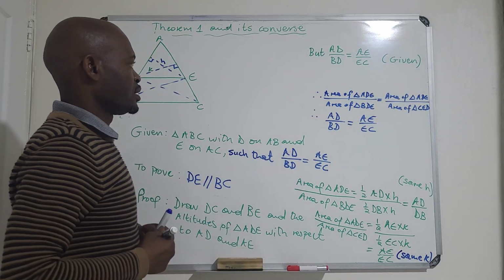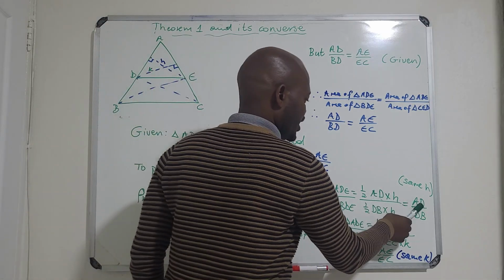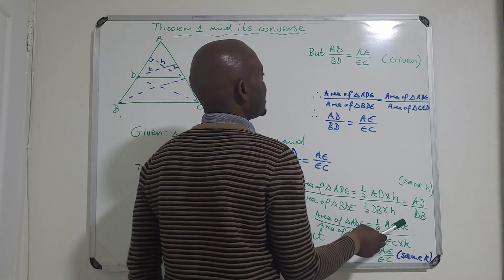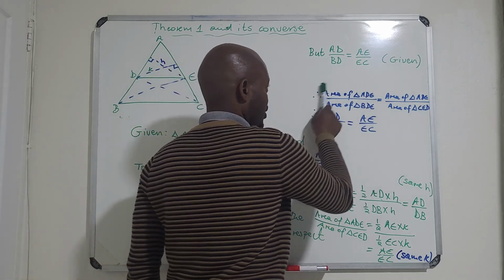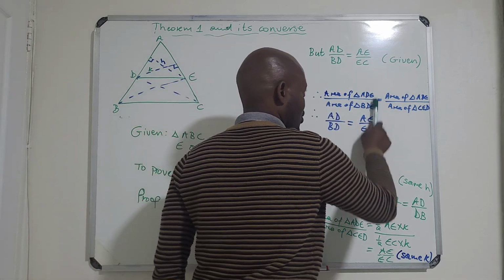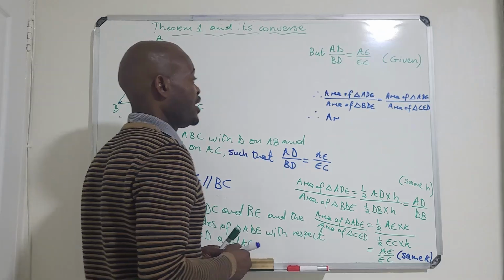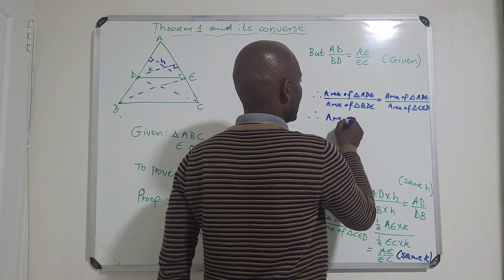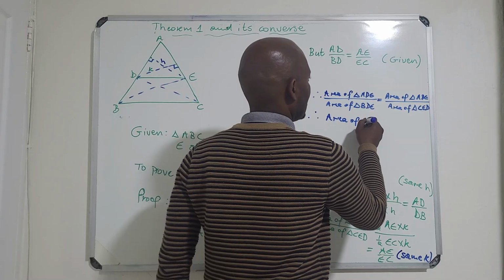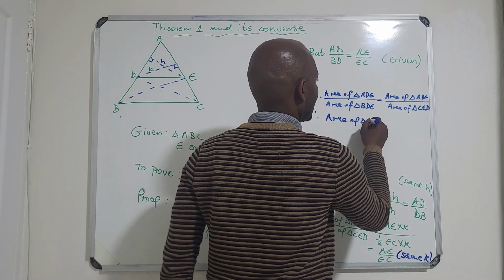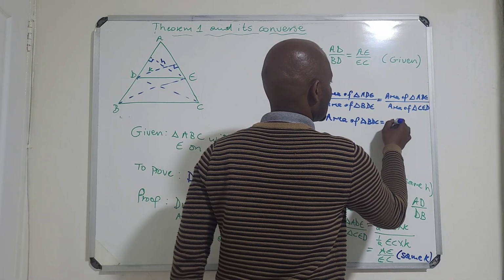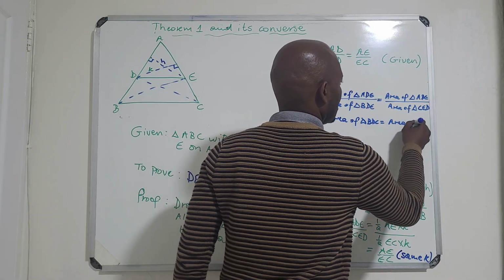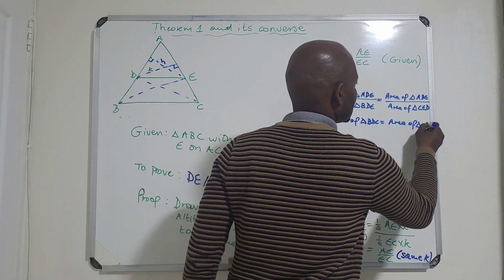Since this is equal to that, therefore this is equal to that. Same thing. Therefore, area of triangle BDE is equal to area of triangle CED.